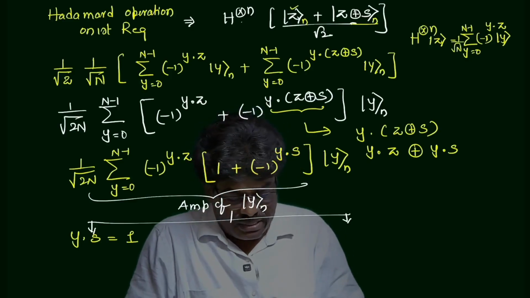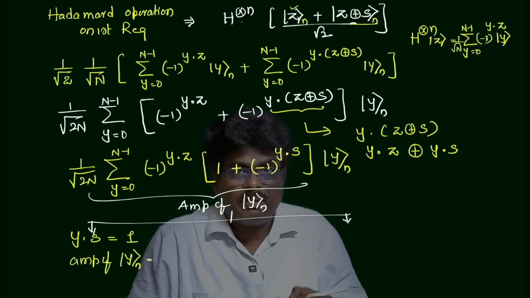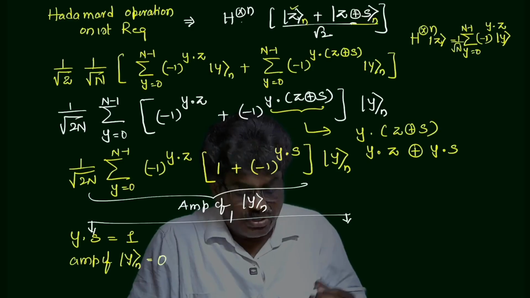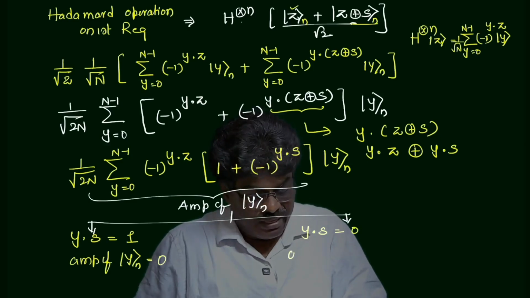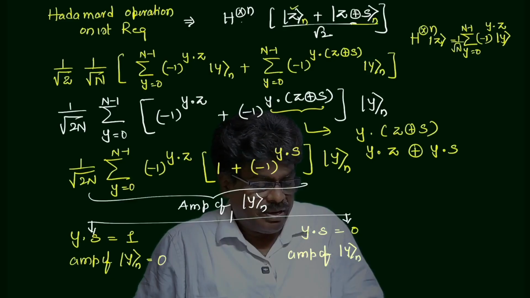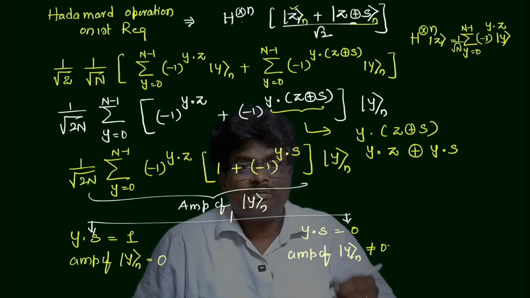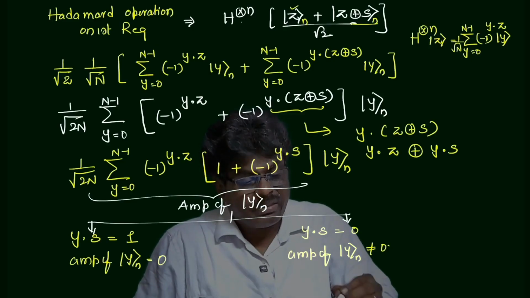So finally we can say the amplitude of |y>, that n-qubit string, is 0. So if I take y·s equal to 0, then definitely the amplitude of this y is not equal to 0.